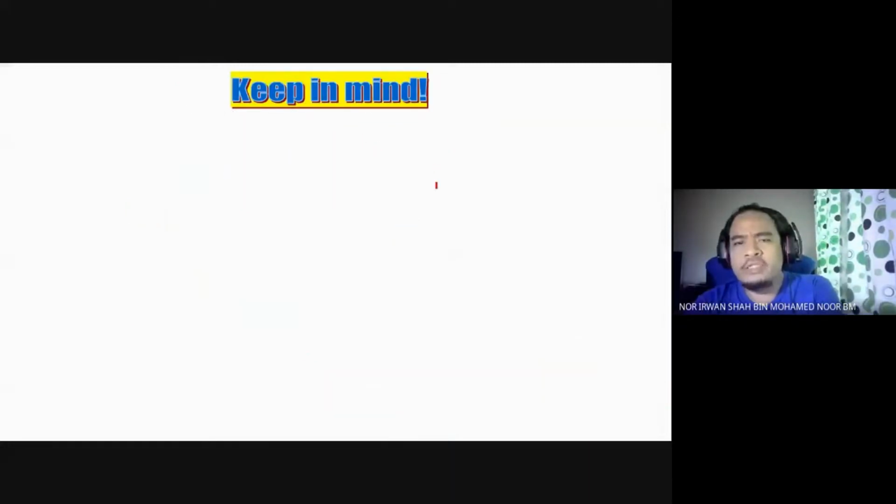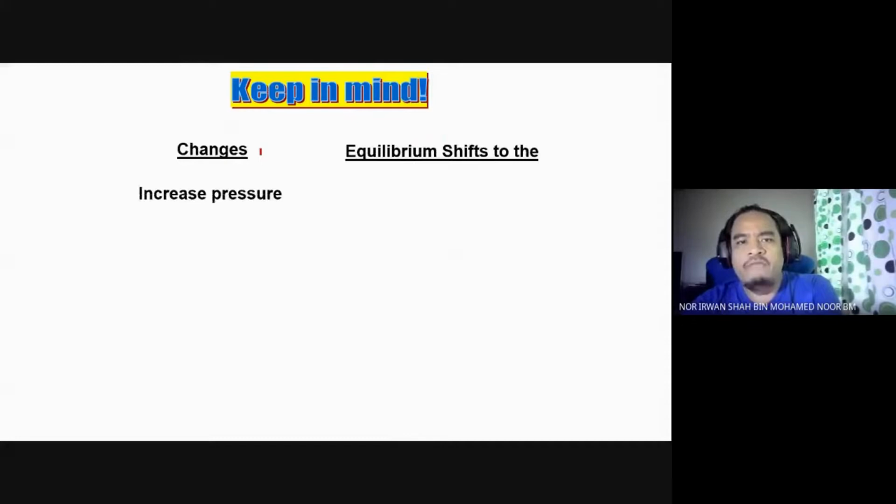As the conclusion for this lesson, let's summarize what you have learned. If we increase the pressure, remember, the pressure increases by changing the volume, so if the pressure increases, the volume decreases.